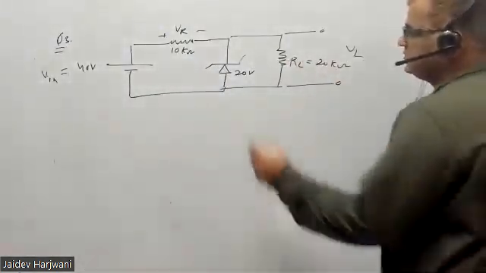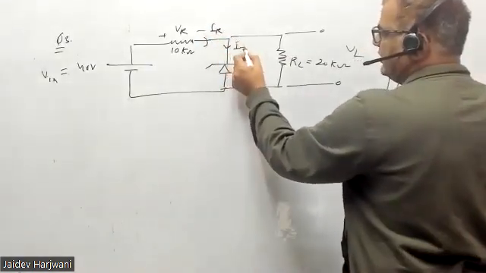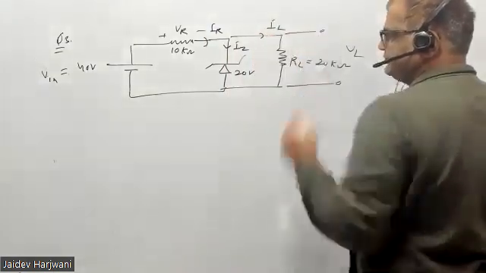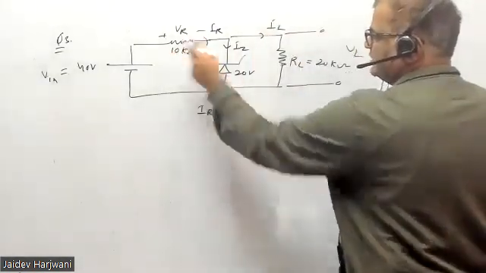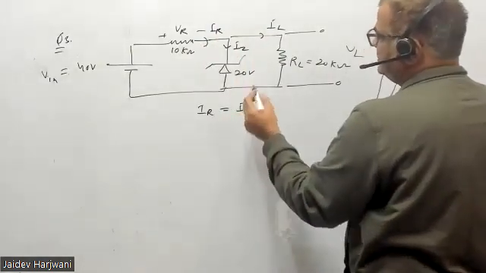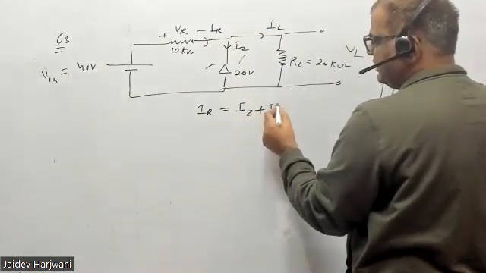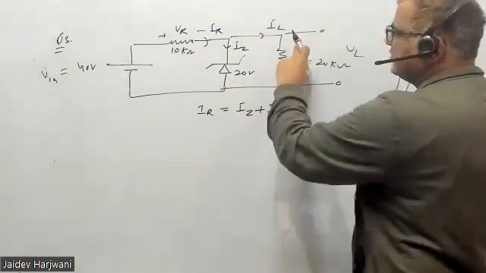So you know this is the current IR. Some current will go here and some current will go here. So your IR is always equal to IZ plus IL. Now कितना IL है, that depends कितना voltage है यहाँ पर.